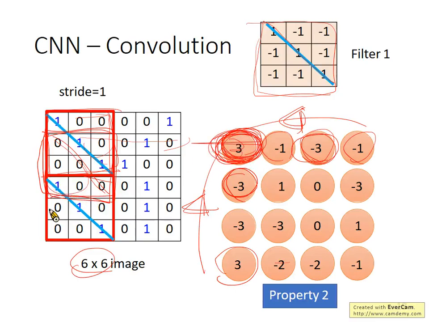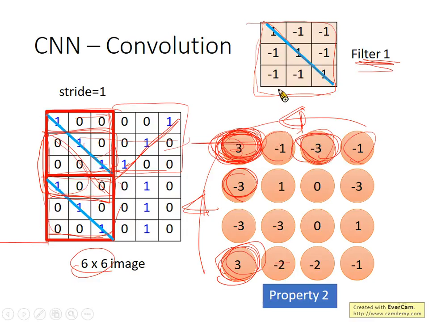We can also see that the left bottom corner has such a diagonal pattern, so we have a big filter response corresponding to this corner. On the other hand, the pattern at the right top corner is the inverse of the first filter, so we see a very small value in this part.